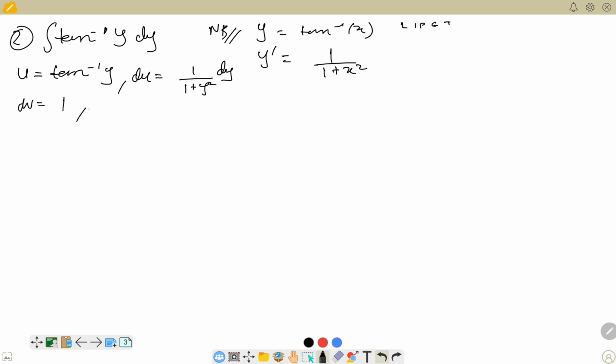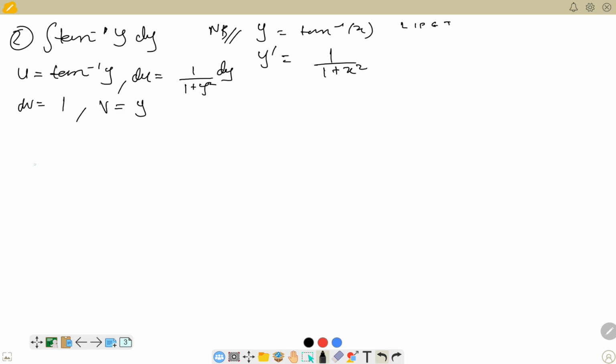When we integrate that with respect to y, it's just going to be y, because if we integrate 1 dx, it's going to be x.